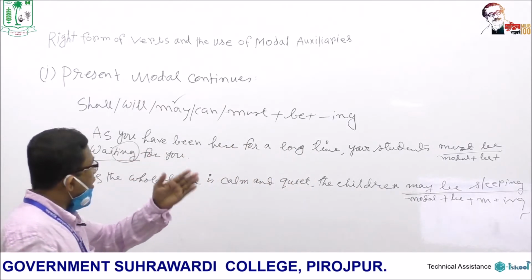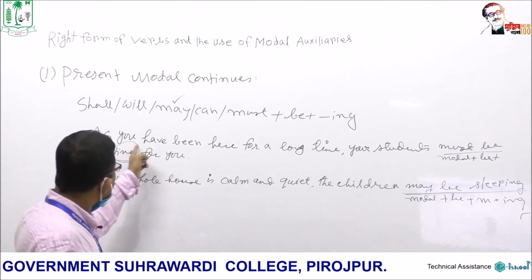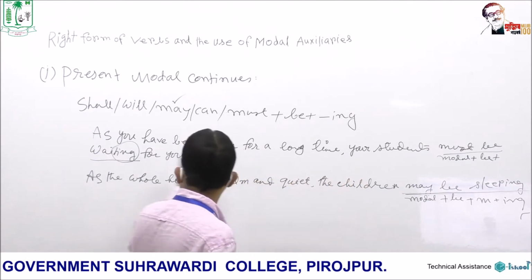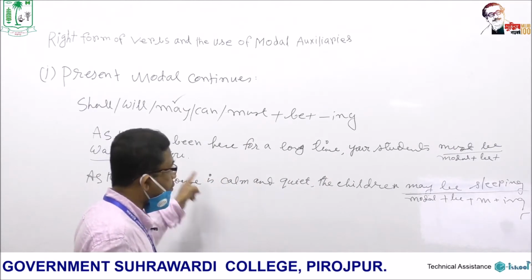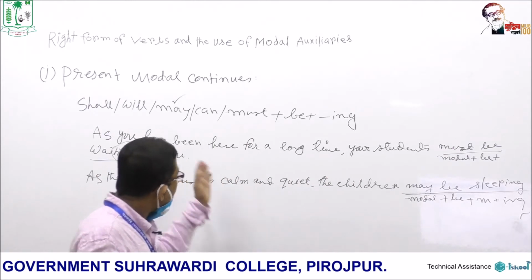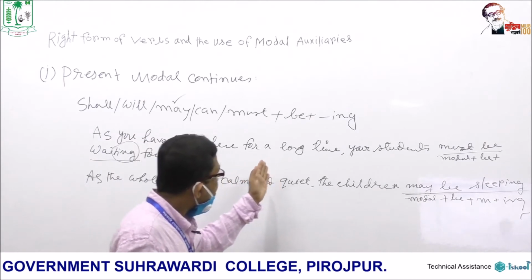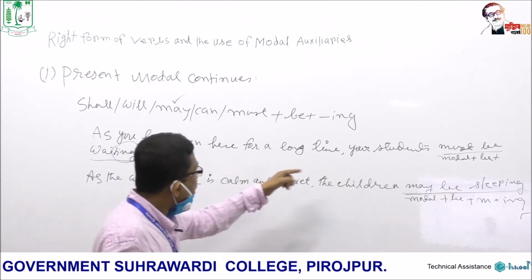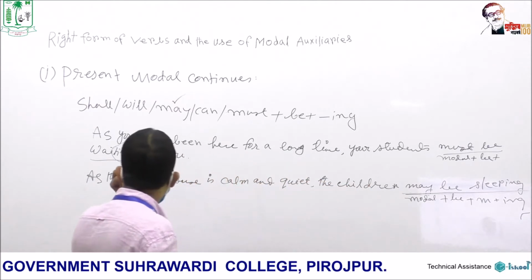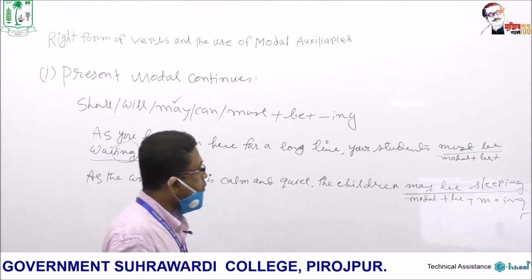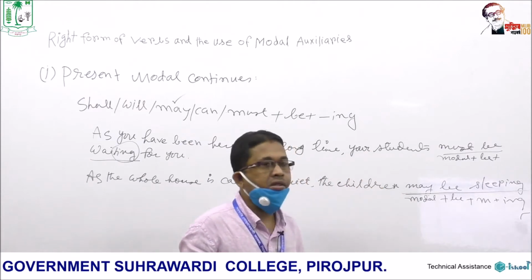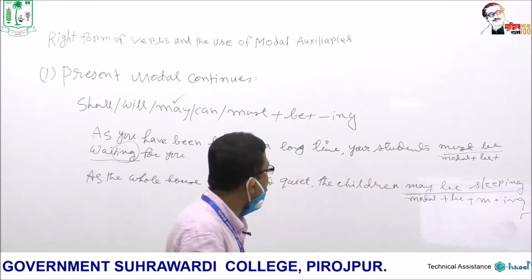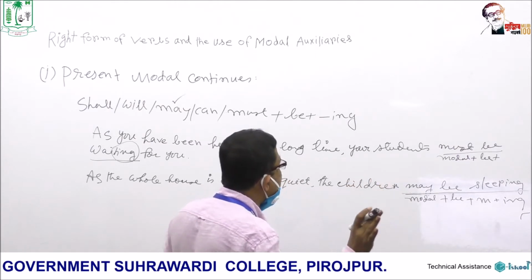Notice here, as you have been here for a long time, your students must be waiting for you. So what is the situation here? Your students must be waiting for you. Why do you say this?